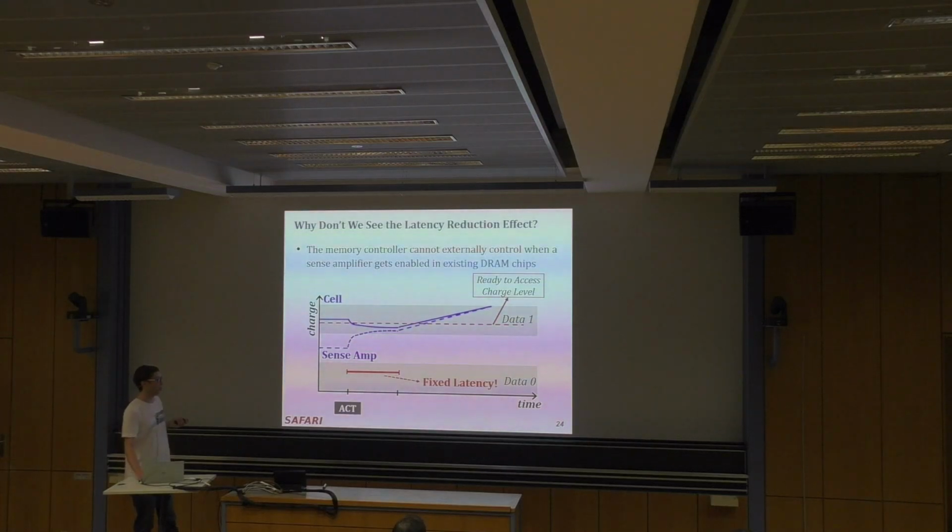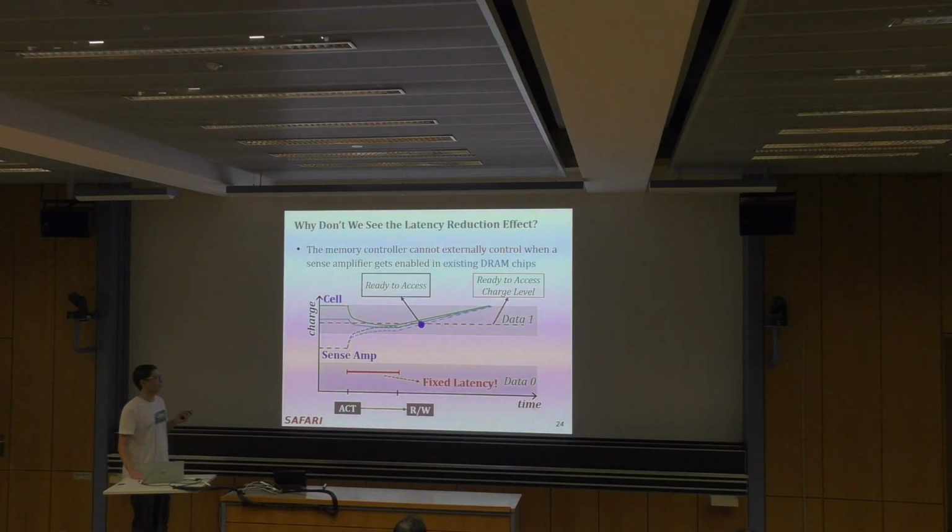But what we can play with is this ready-to-access latency. We can change the position of this dot, but we cannot change where this happens exactly. This is fixed. And this might be a reason why we lose most of the potential of this idea, so we cannot observe the expected behavior.